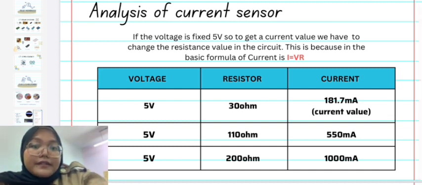If we change the resistor value to 110 ohm, the current value will be 550 milliampere. If we change the resistor value to 200 ohm, the current will be 1000 milliampere. So basically, if the resistor value is high, the current value will also be high.